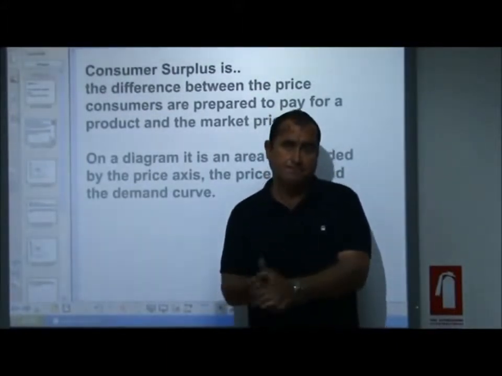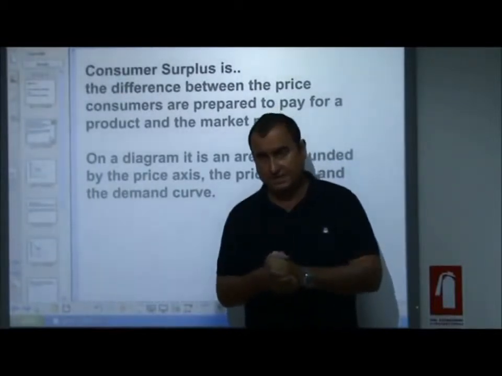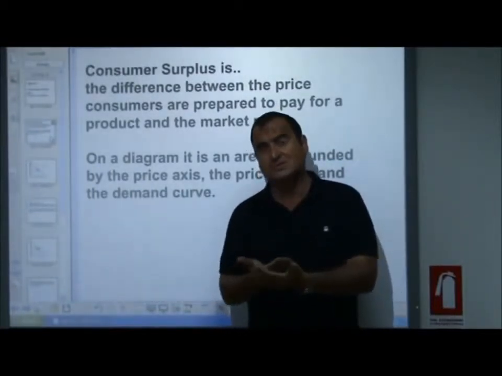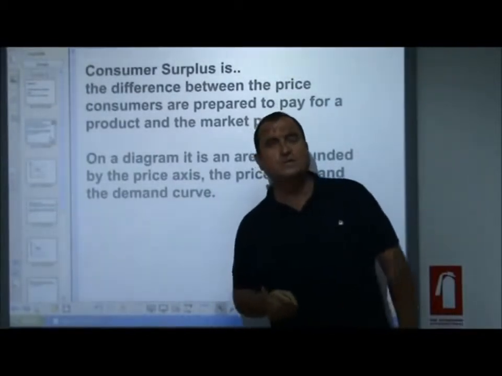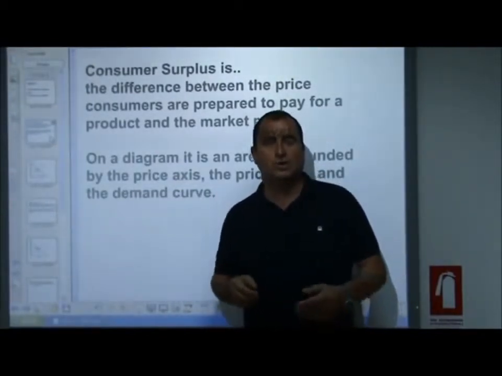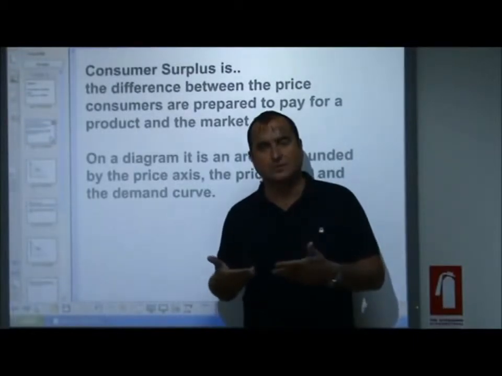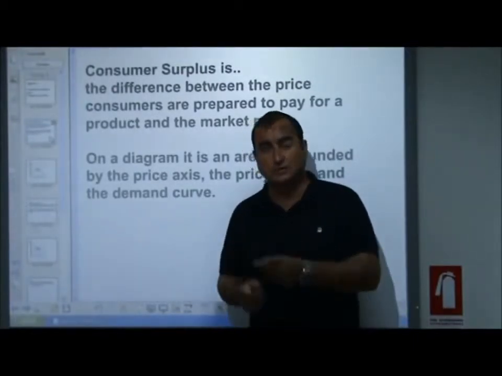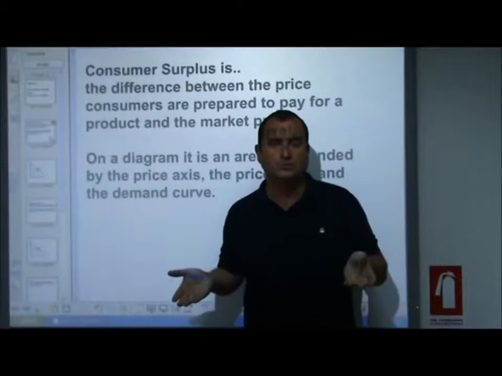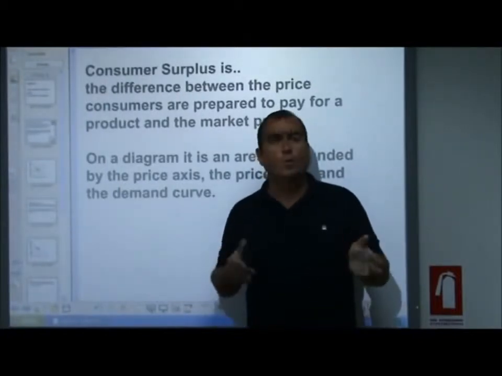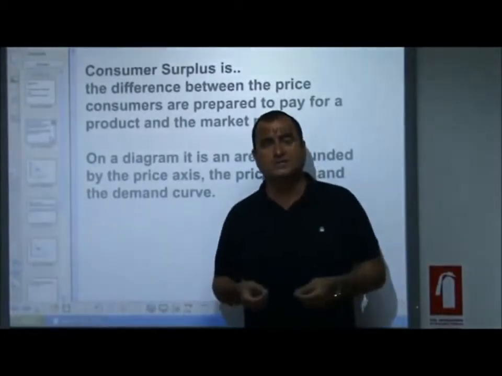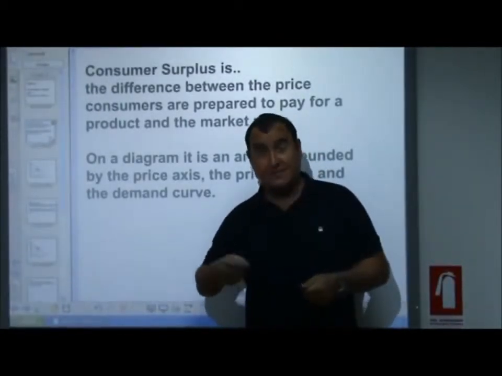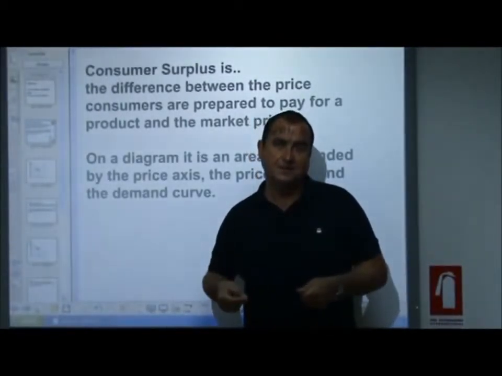That's a bit unlikely. Now, there is one case where the seller is perhaps able to take the buyer right up to their maximum price, and that's in an auction. So if you're in an auction and you're bidding for a good, it's a way for the seller, who's only selling one item, to be able to locate which of the people in the auction room is actually prepared to pay the highest price.